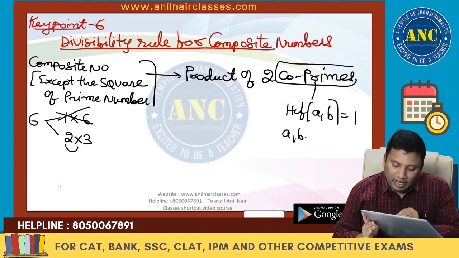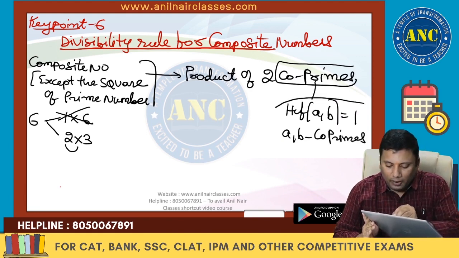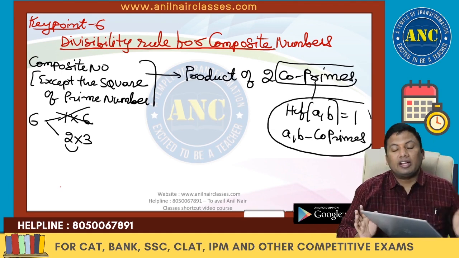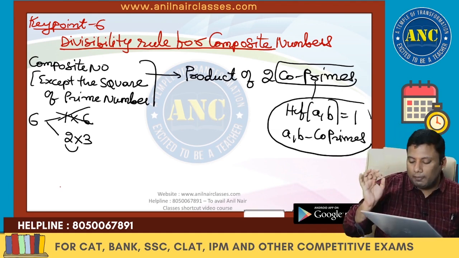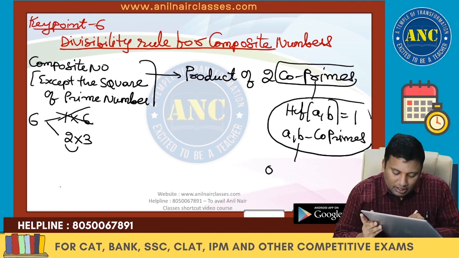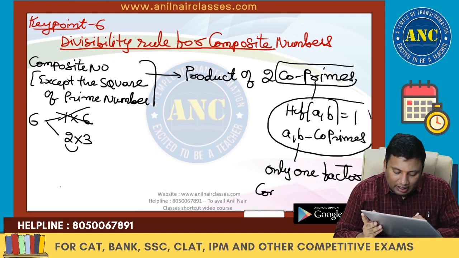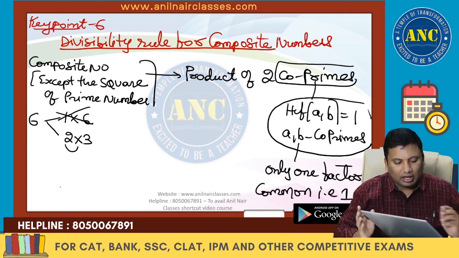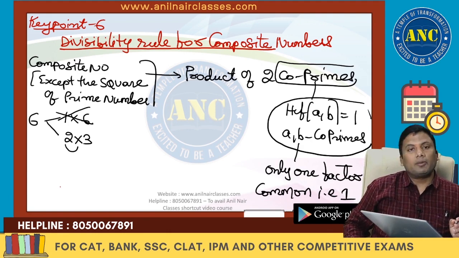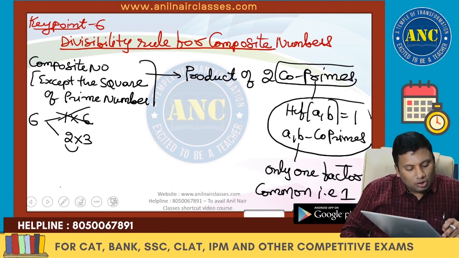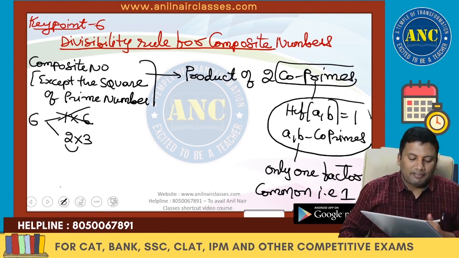If A and B are coprimes, then their HCF is 1. That means they have only one factor in common, that is 1. 2 and 3 have only one factor in common.